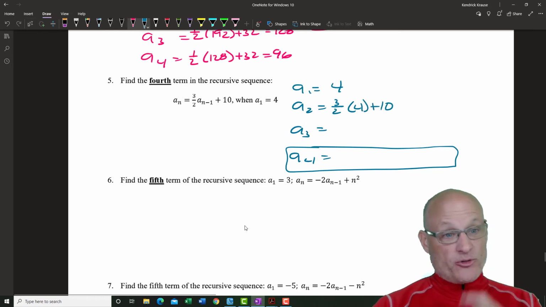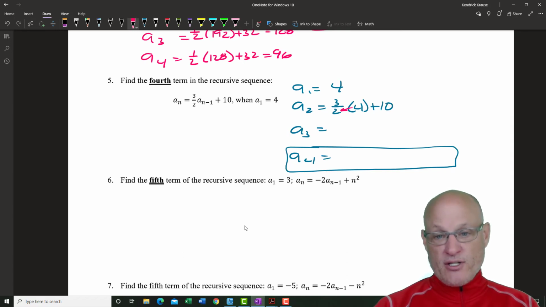Well, if you remember, I told you before, when you multiply by a fraction, divide by the denominator, which is 2, and then multiply by the numerator, which is 3. So 4 divided by 2 is 2, times 3 is 6. 6 plus 10 is 16. 3/2 times 16 plus 10. 16 divided by 2 is 8. 8 times 3 is 24, plus 10 is 34.